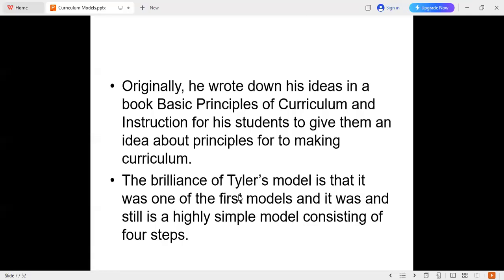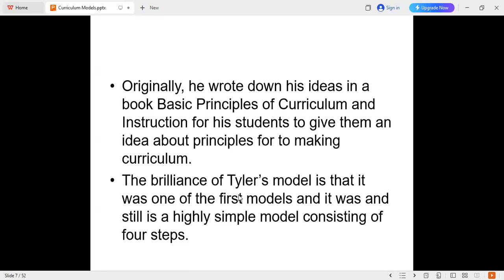The brilliance of Taylor's model is that it was one of the first models, as I mentioned a few minutes back, and it still is a highly simple model consisting of four steps. That is the simplicity. Because his model is simple, curriculum developers still select it to develop their curriculum.